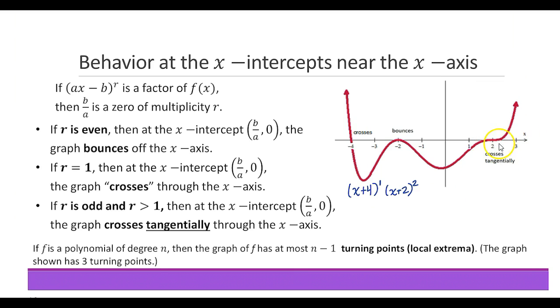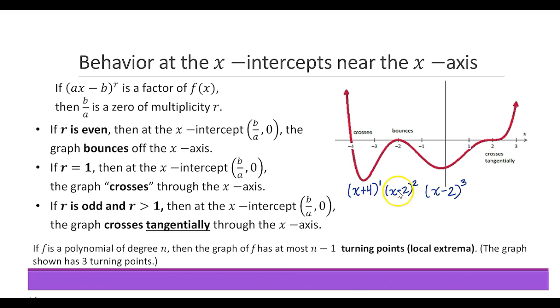So this 0, 2, had to have come from the factor x minus 2. That's how you'd get positive 2 as a 0. So because it sort of flattens out, it's crossing tangentially, the multiplicity would have to be an odd number greater than 1. So let's just go ahead and make it 3.